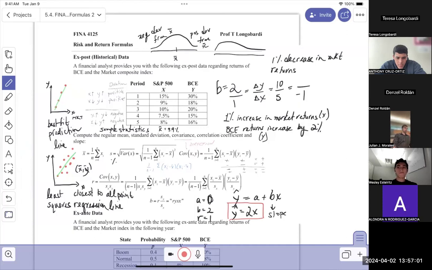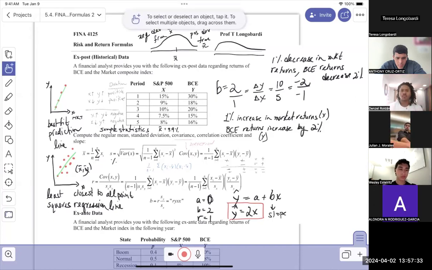When there's a 1% decrease in market returns, BCE returns decrease by 2%. So the slope maintains a 2, always a positive 2. If it's a decrease, then it's also a decrease. They go in the same direction. Questions about that?